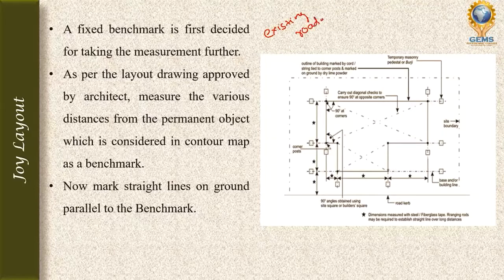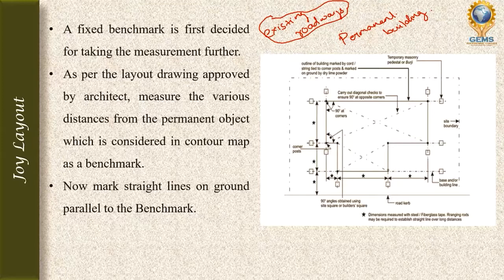If any roadway is nearer to the construction site, we will take that road as a reference benchmark, or any permanent building around your construction site. We will take that as the benchmark. In most of the cases, we will use the existing roadways as the benchmark.